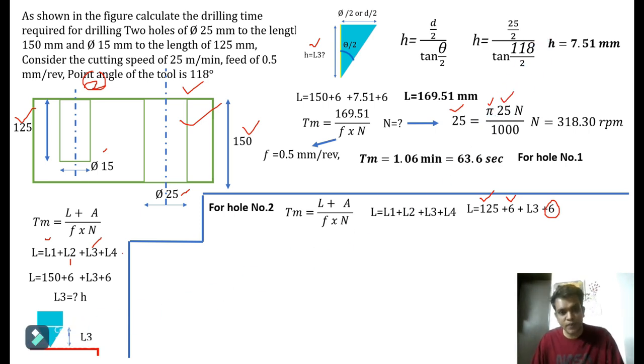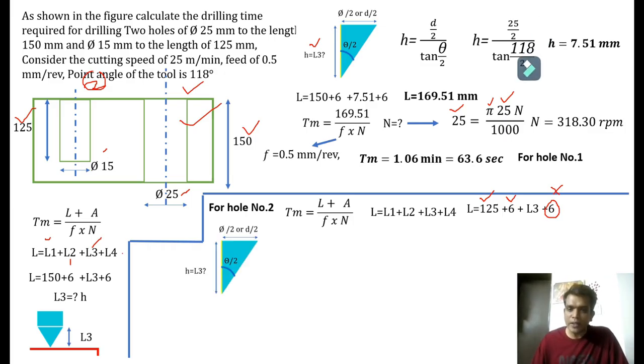In hole number 2, we should not consider this L4 or over travel of a tool. Even if you consider it, it will not make much difference, but ideally, principally, we should not consider this 6 mm. But for the sake of it, I have considered the L4 distance as well.